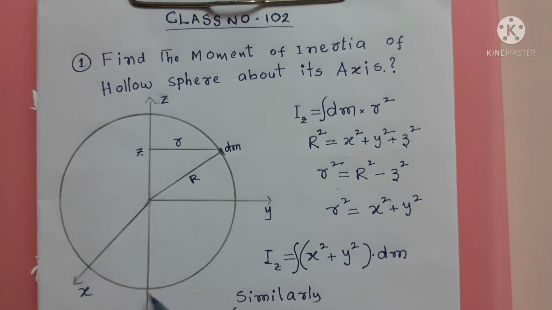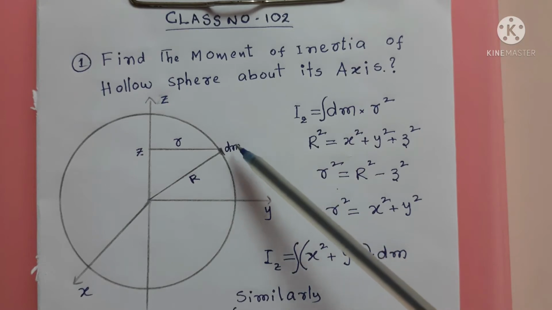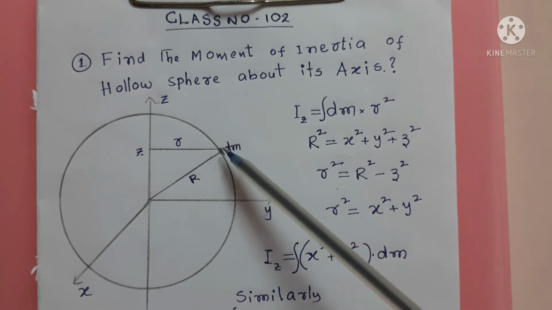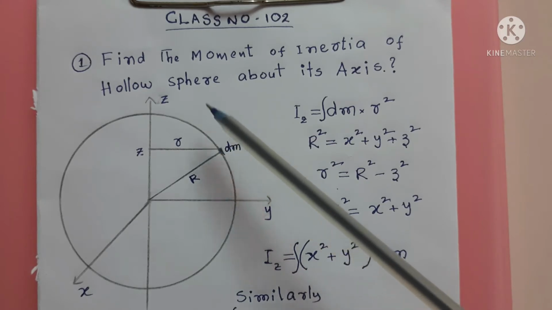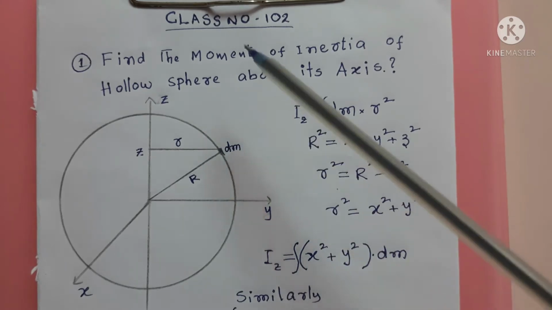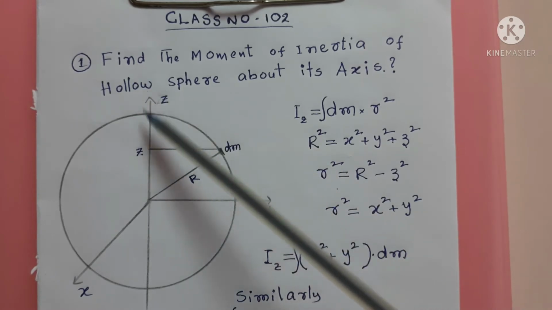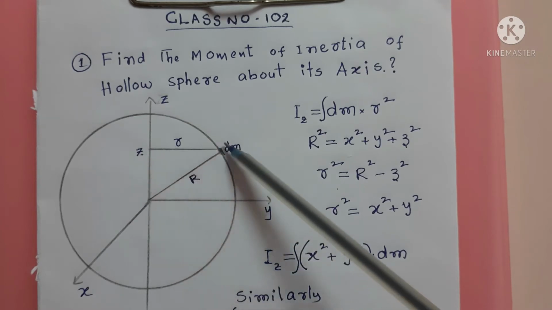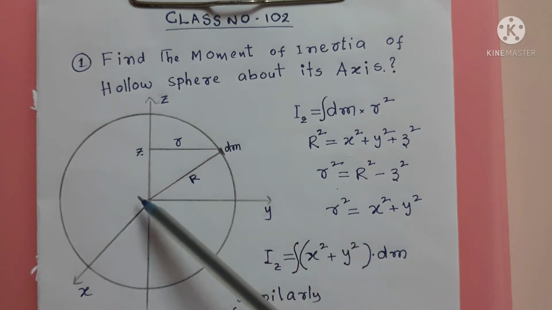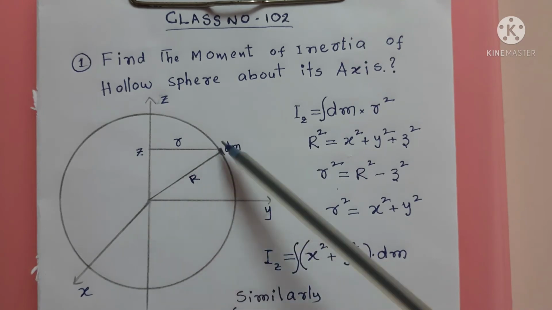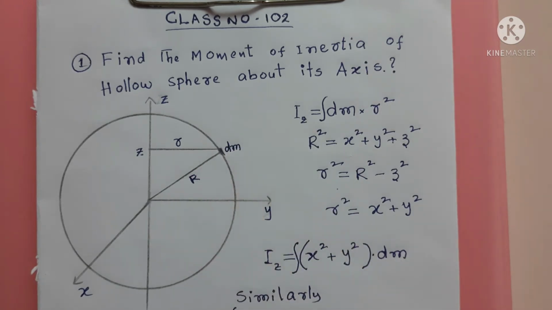The total mass of the sphere is concentrated on the surface only because it is a hollow sphere. I am considering a small part on the surface of the sphere. The mass of the small part is dm. This dm is at a perpendicular distance small r from the z-axis. This is capital R, the radius of the sphere.